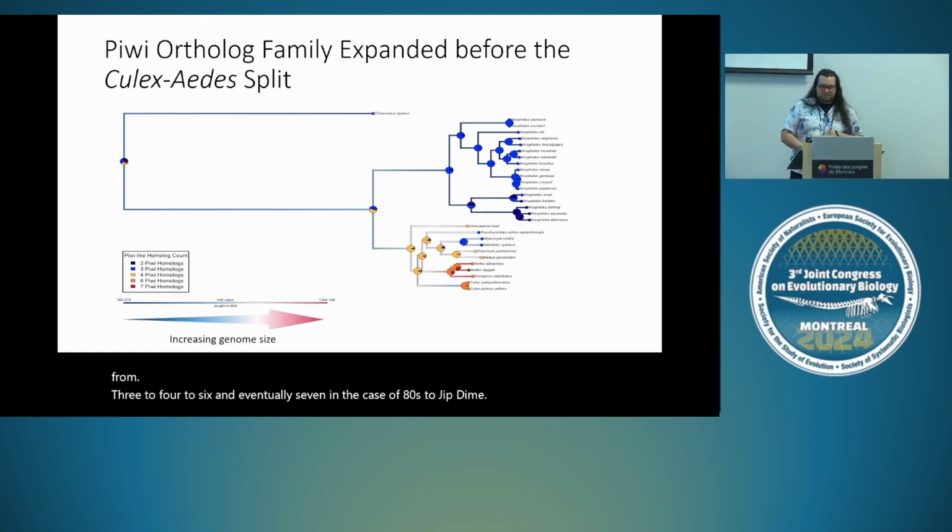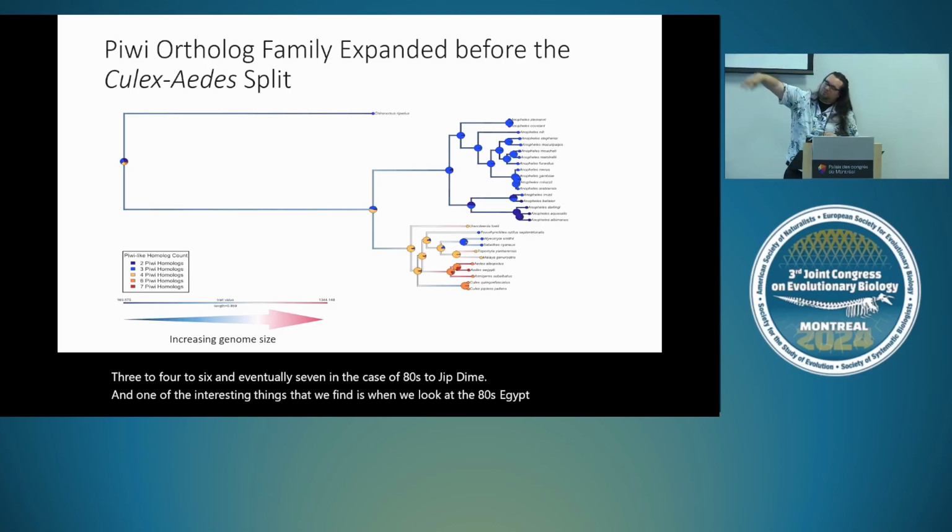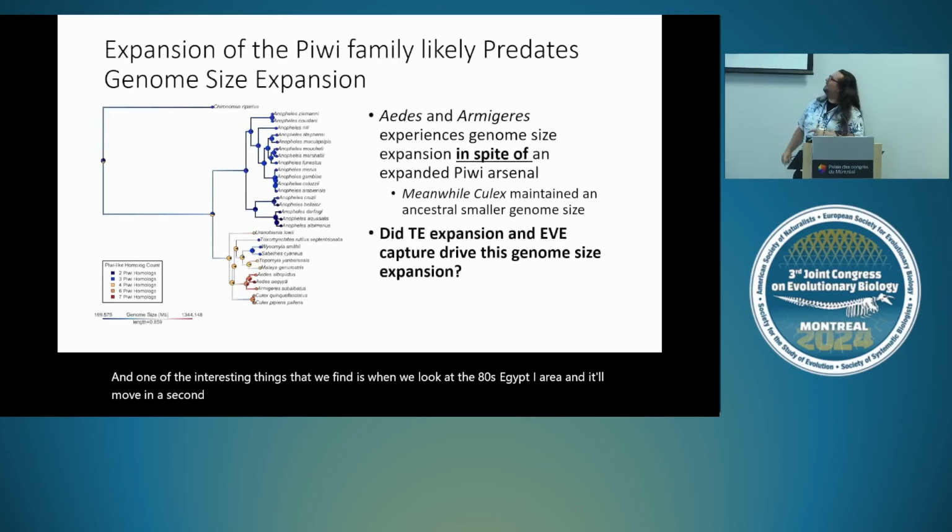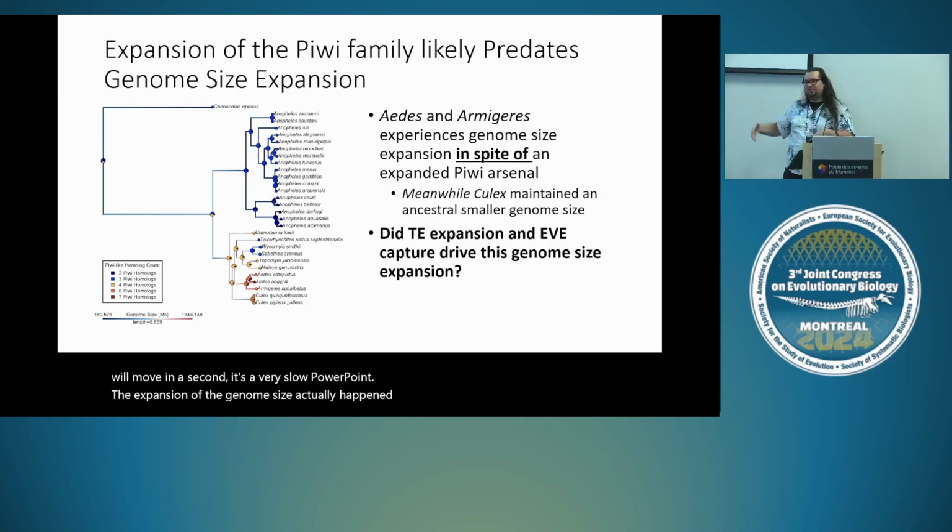And one of the interesting things that we find is when we look at the Aedes aegypti area, and it'll move in a second, it's a very slow PowerPoint, the expansion of the genome size actually happened after our predicted expansion of Peewee.